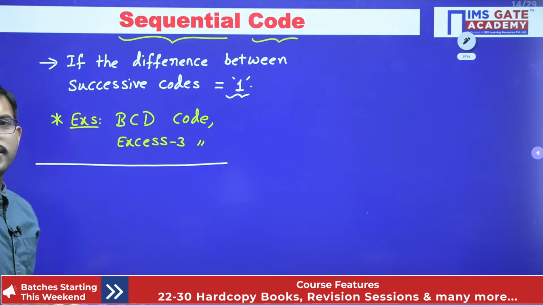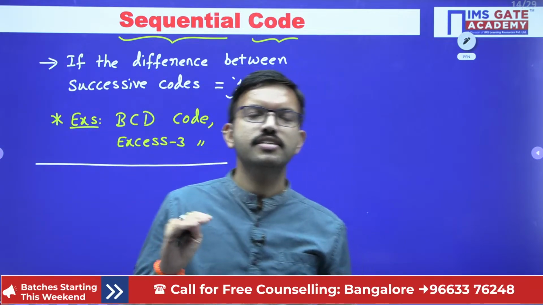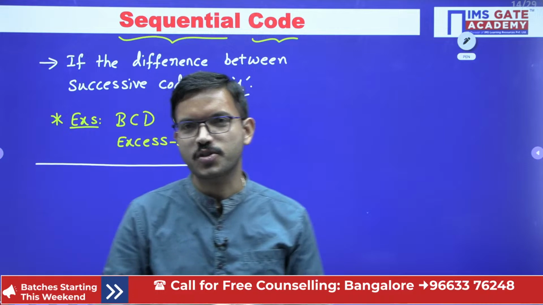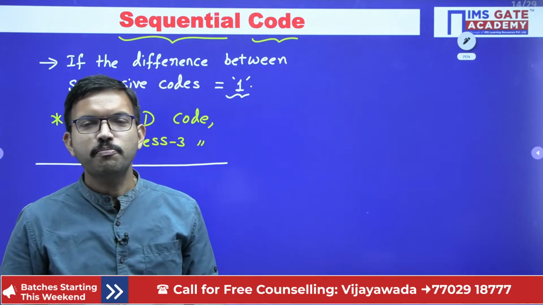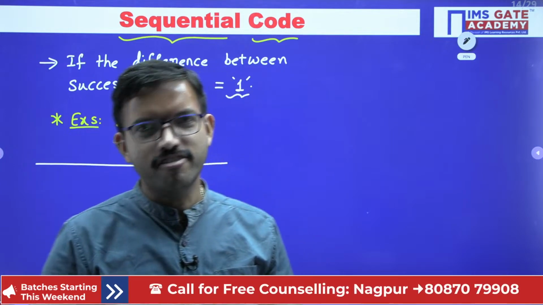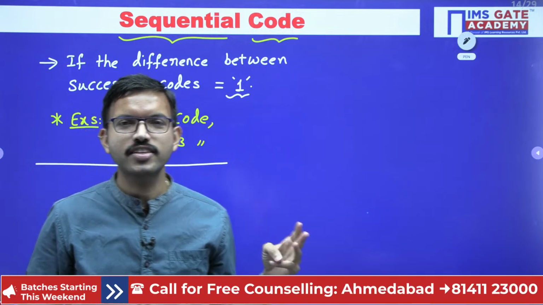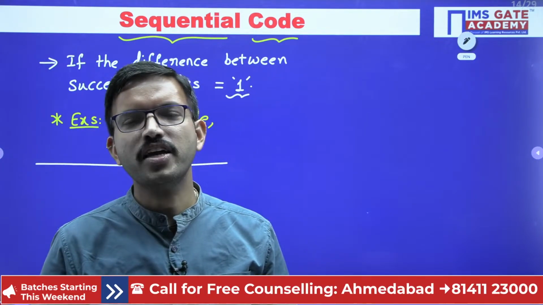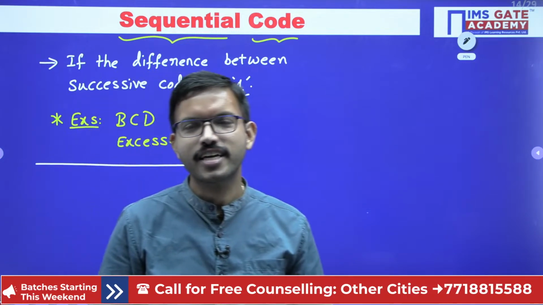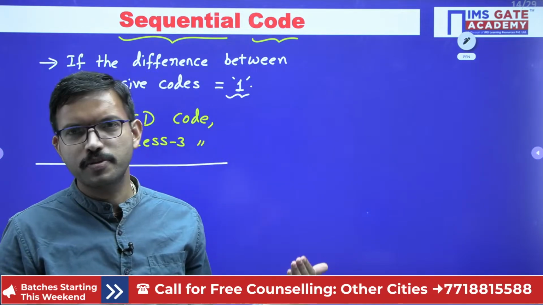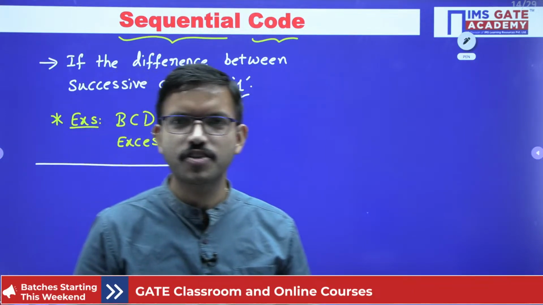Now, say for example, you have a building consisting of 16 floors. If you want to go to the top floor, whether you will prefer the staircase or the lift, obviously you will prefer the lift. Even if you have 3 floors or 5 floors in the building, if a lift is available, definitely you will prefer the lift. If the lift is not there, then only you will prefer the staircase.